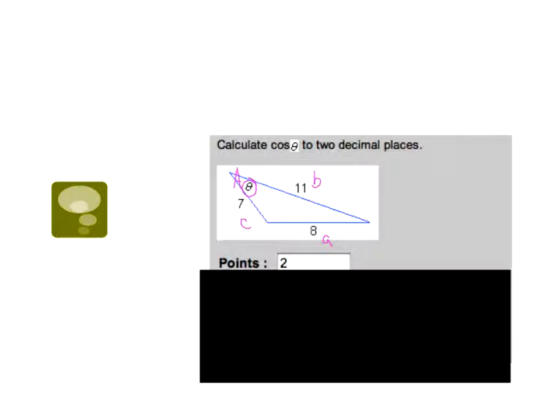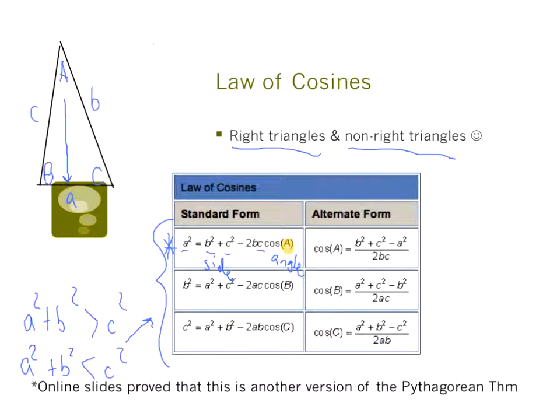Okay, so let's try this problem. If I'm looking back here, when we want to find the angle, we can use this alternative form because here the angle is the one that I don't know. On the left-hand side, if I want a squared, I would use this side when it's the side that I don't know, the side length. Because remember, the little letters are your side lengths, the capital letters are your angle.